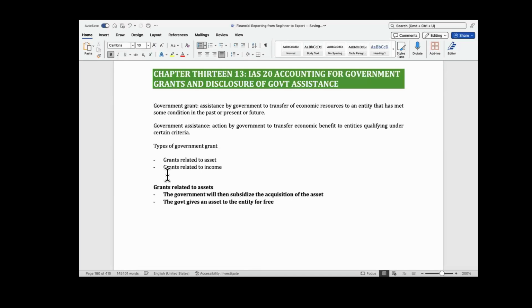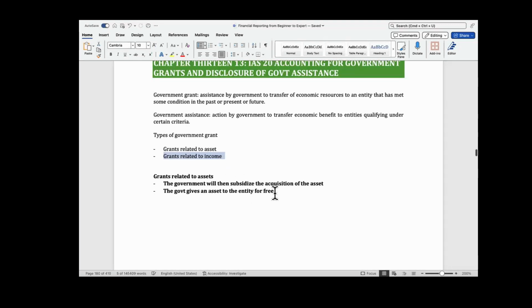Any grant where the government is not giving you an asset or subsidizing acquisition of an asset is a grant related to income. It doesn't have any special definition. Any grant that is not related to assets, we call a grant related to income. Now, how do we account for this?